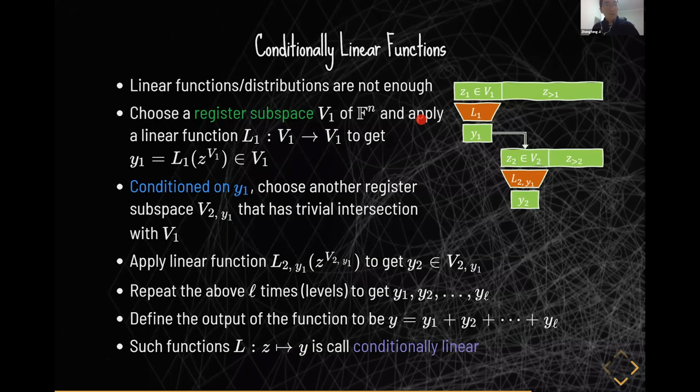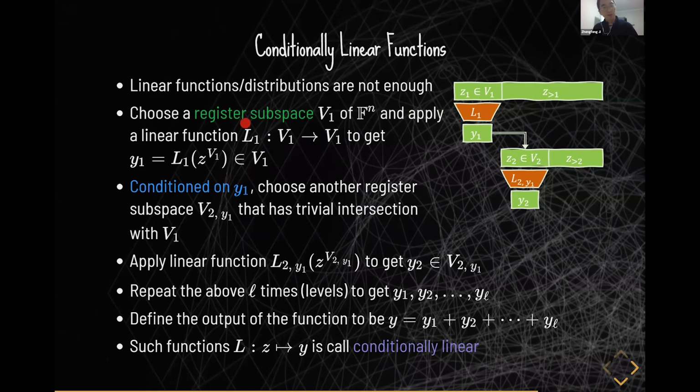Okay, but the question is, linear functions are not enough because they are very special, and you cannot model all the distributions that we want to model in MIP star protocols. But there's a very simple extension of this called conditional linear functions. A conditional linear function is a generalization of a linear function where you can do a sequential procedure.